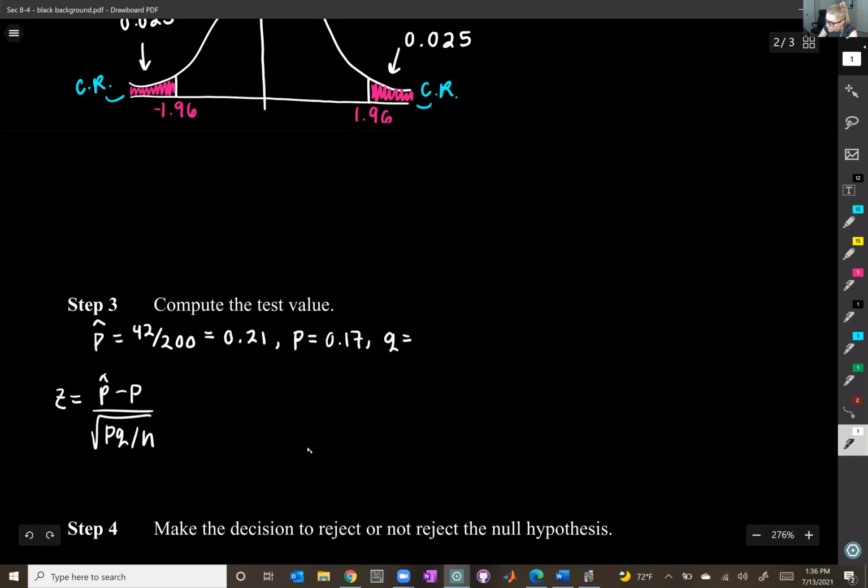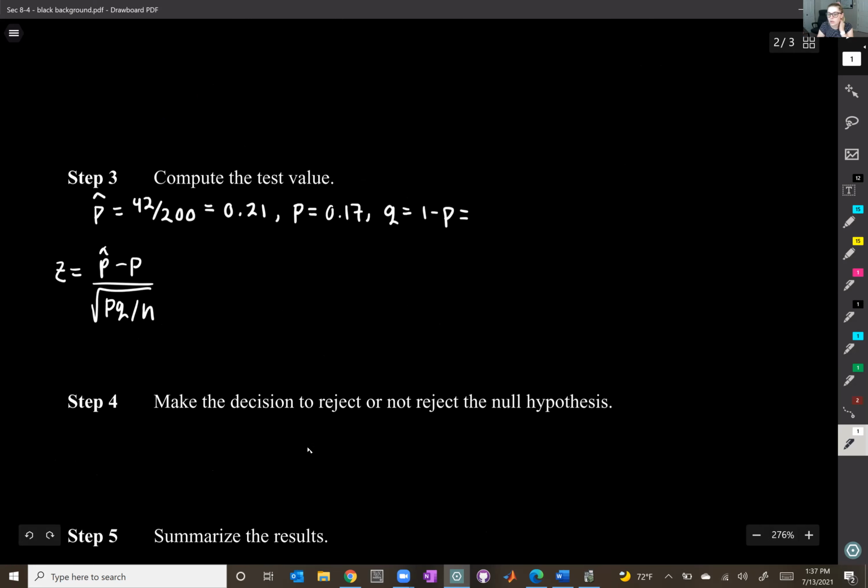And then q is just 1 minus p. You're not explicitly told what q is, but you can calculate it easily by subtracting p from 1. That gives you 0.83. We also need n, the sample size.